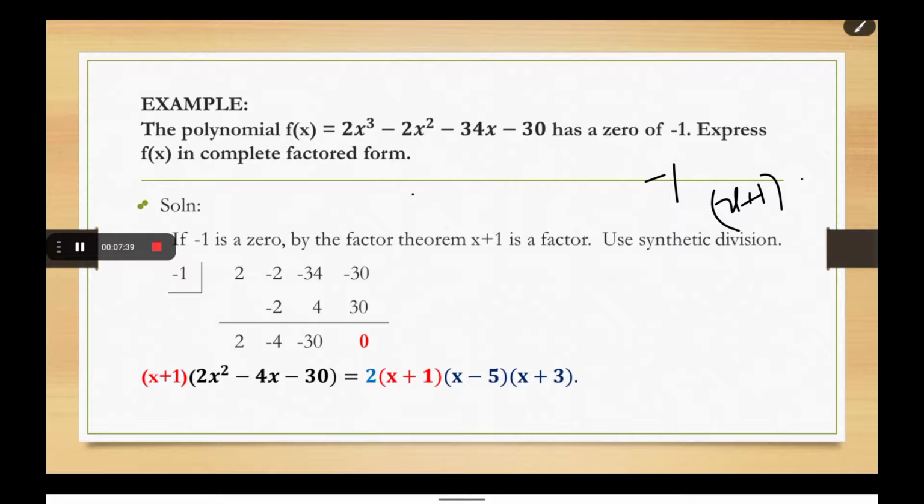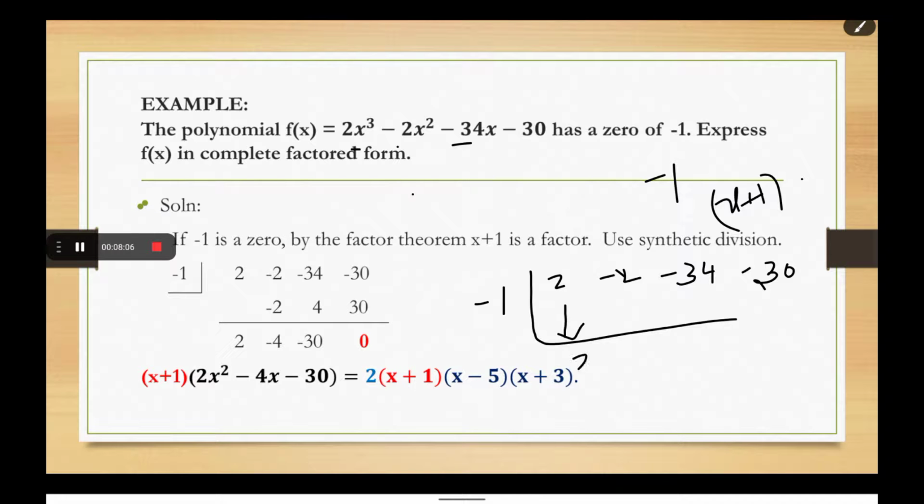Just we use synthetic division here, okay? That means put minus 1. First I explain here minus 1. We just write the coefficients of this polynomial: 2, minus 2, minus 34, minus 30. Just you write 2 into minus 1, that is minus 2.